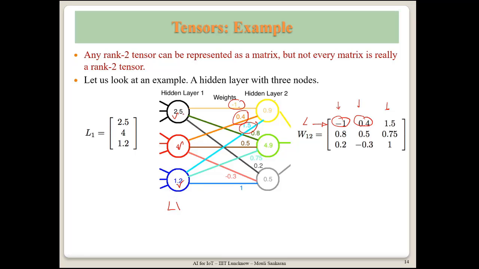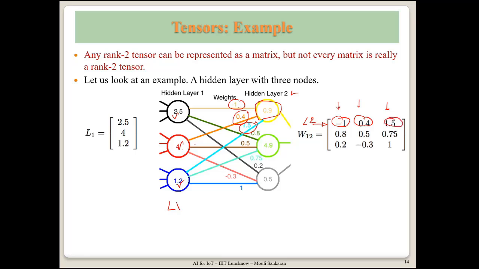These weights correspond to coming from different nodes of the previous layer, but they all come to one particular node of the second layer. So this, you can say, is L2's first node, which receives these weights.